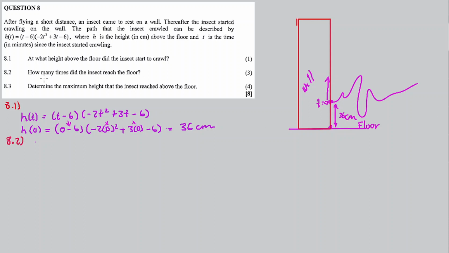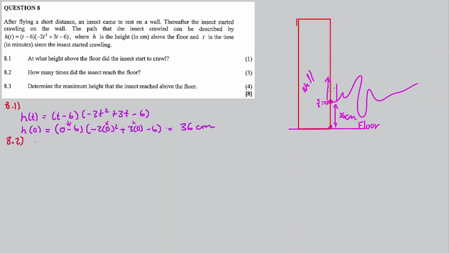8.2: how many times did the insect reach the floor? Imagine an insect there. It crawls up, and then it goes. That's why I said it doesn't follow a straight path up; maybe it comes back down.